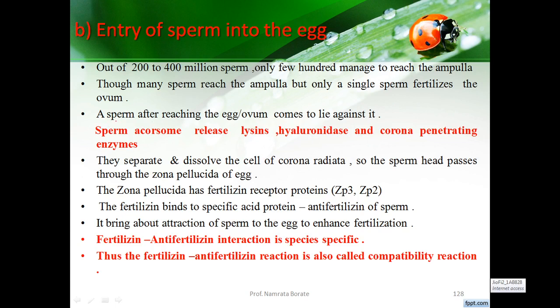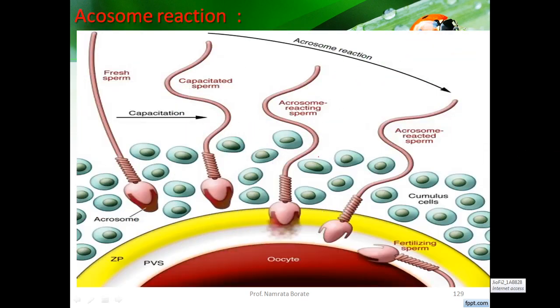The sperm, after reaching the egg or ovum, comes to lie against it. The acrosome at the top of the sperm releases lysine, hyaluronidase and the corona penetrating enzyme.